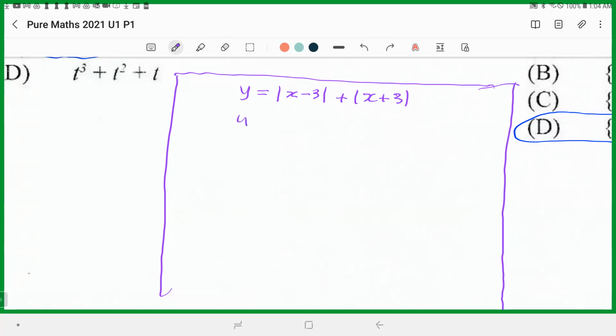So I'm going to write y equals the modulus of x plus 3 plus the modulus of x minus 3 instead. So I'm sketching the graph. The two critical values on the graph are where x equals minus 3 and where x equals 3.